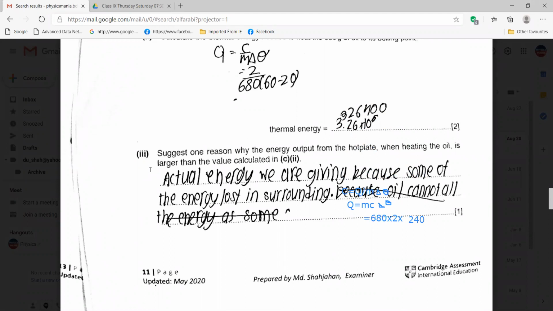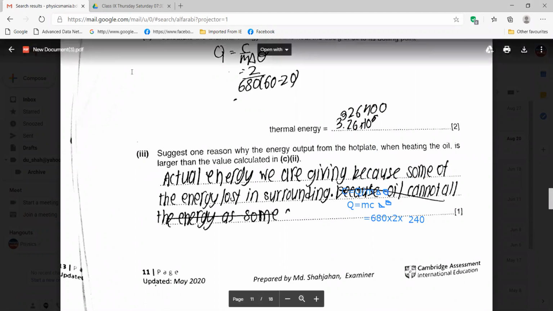Suggest one reason why the energy output from the hot plate when heating the oil is larger than the value calculated in C2. So same way you got like before, right?